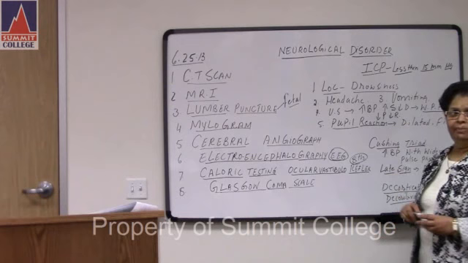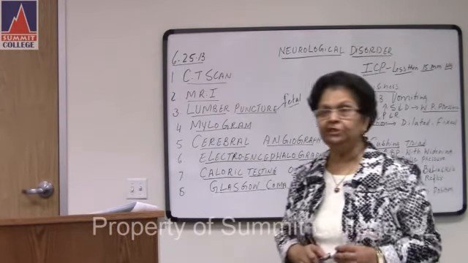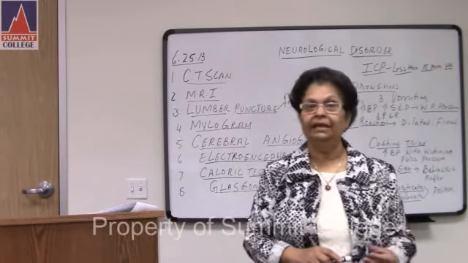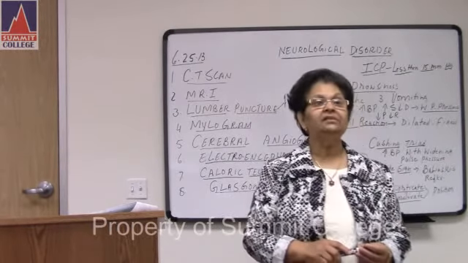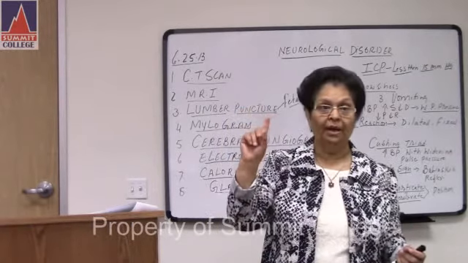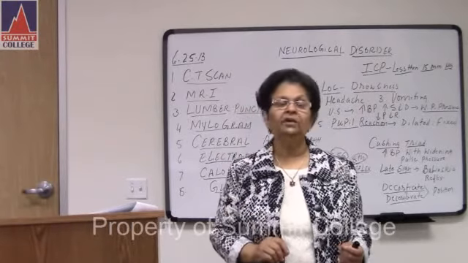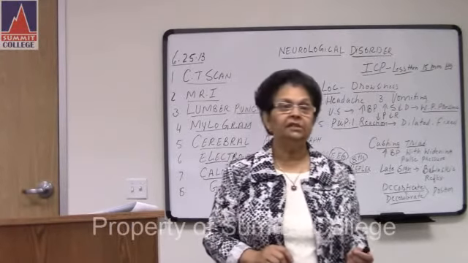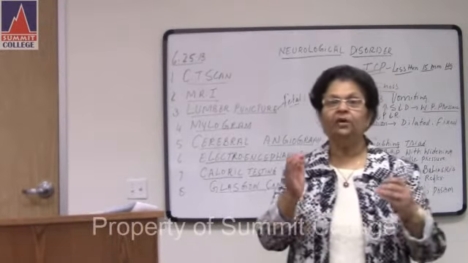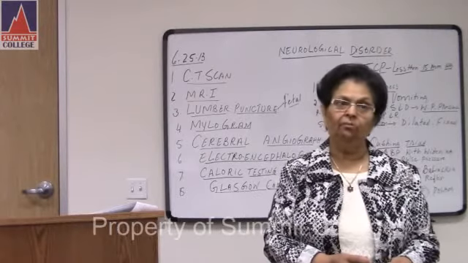What happens to the pulse? Pulse is low. What happens to the respiration? It is low. So what happens to the patient who fell and hit his head? The patient's vital signs are changing. Remember, the blood pressure is going up, pulse is going down, respiration is going down. What is the word for pulse going down? Bradycardia. We have to get used to the word bradycardia, meaning the pulse is low.